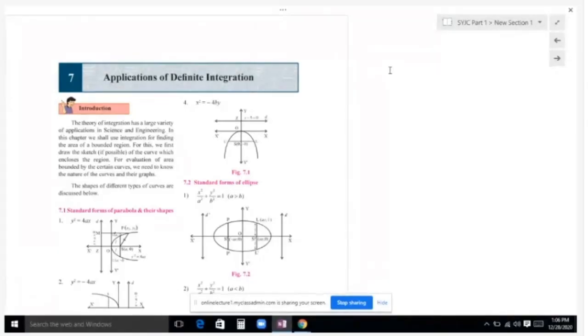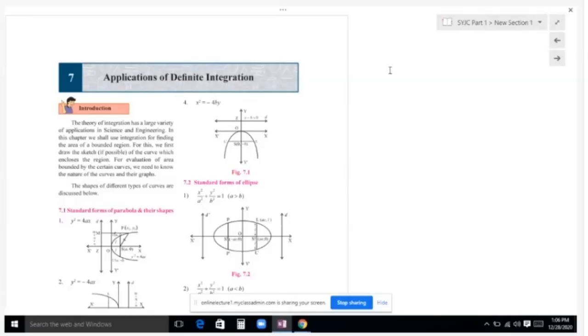पढ़ाने के टाइम तो मैंने यहाँ पे तुम लोग को 2 एप्लीकेशंस के बारे में बताया है. One is the area and the other one is the volume, out of which we are going to study only the area.